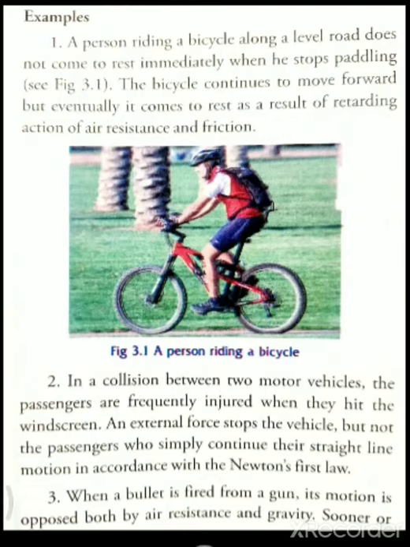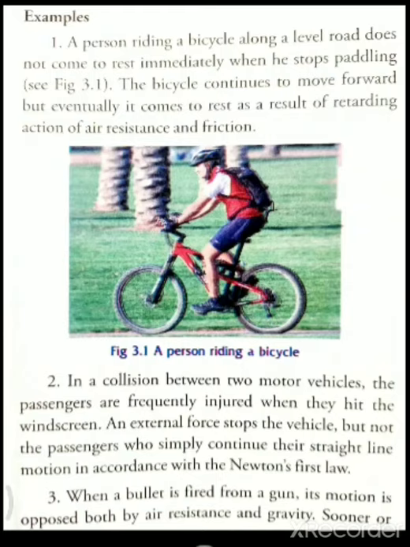Yes, example 1. So example 2, next one. In a collision between two motor vehicles, you know that motor vehicles are in the state of motion and they collide with one another. Then what will happen? The passengers are frequently injured when they hit the windscreen, because an external force stops the vehicle, but not the passengers.